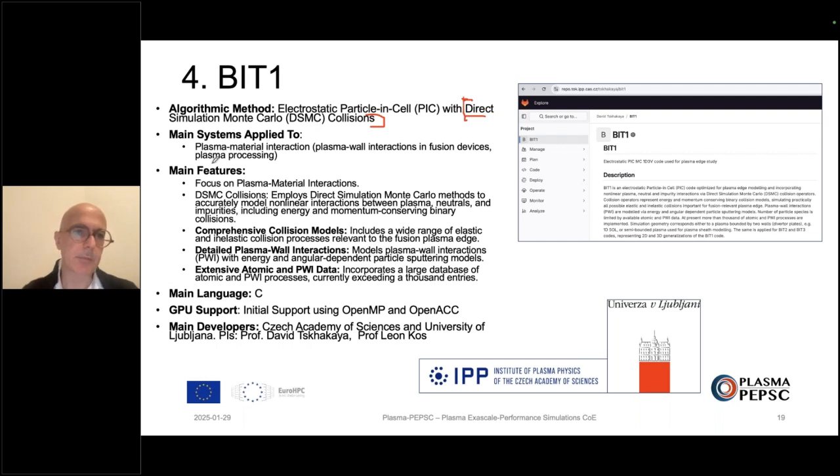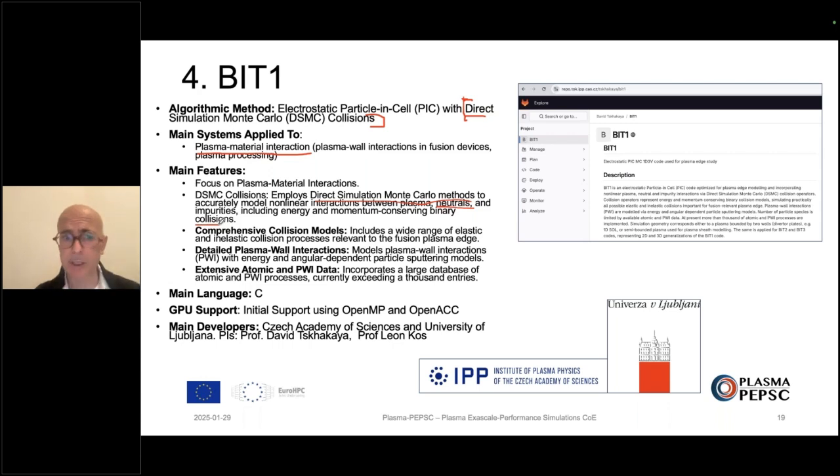It provides a very accurate description of plasma-material interaction. It is mostly used for plasma-wall interaction in tokamak fusion devices. The main feature is the direct simulation Monte Carlo methods to accurately model nonlinear interaction between plasma, neutrals, and impurities, with different models for collisions.